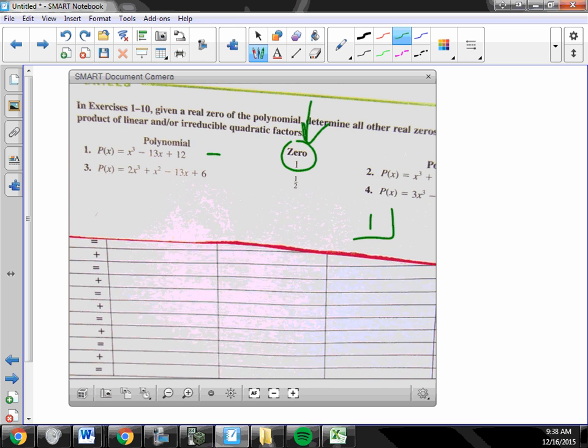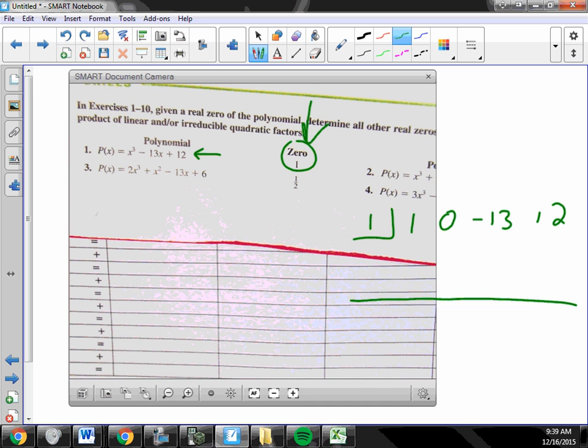And what do you notice about that cubic equation? It skips the x squared, so we need to put a 0 in its place. So 1, 0, -13, 12. I already know what the remainder is going to be.